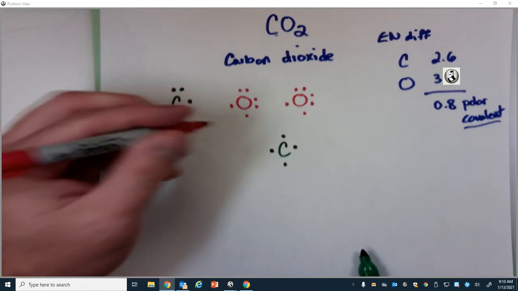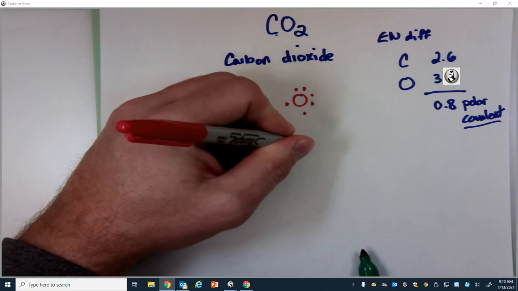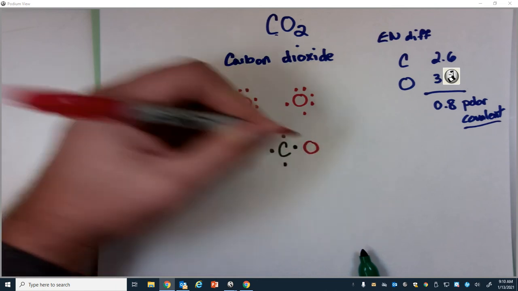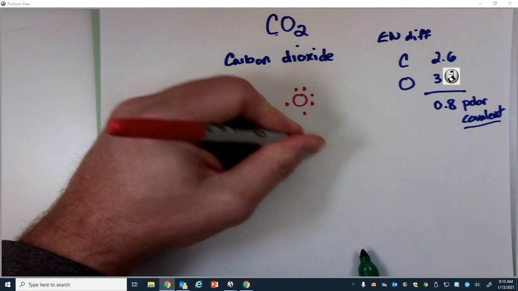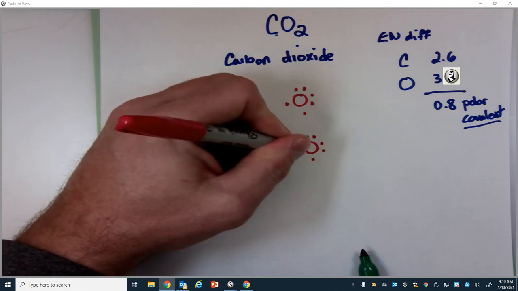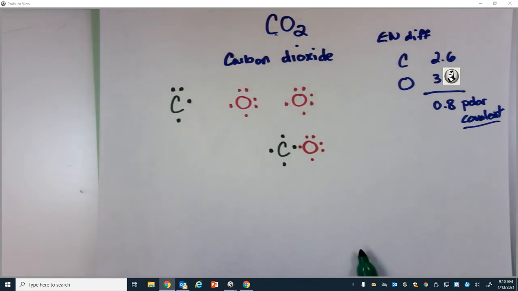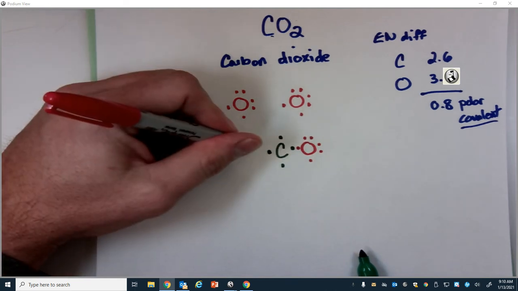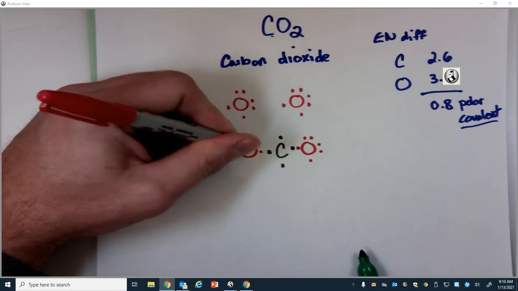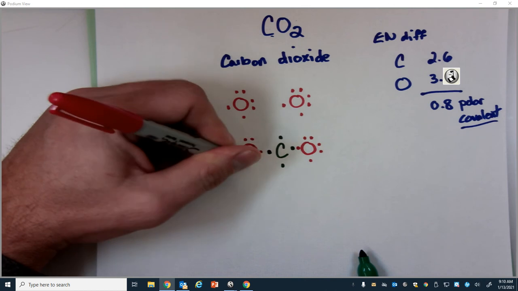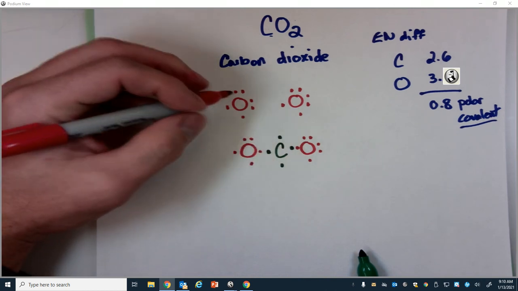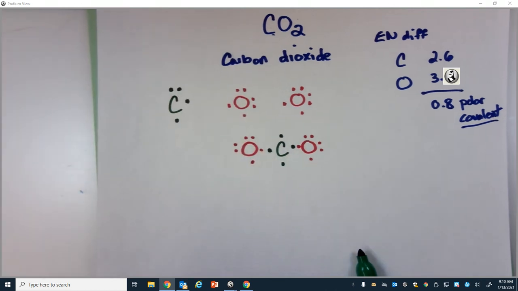It really doesn't matter. I'm going to do it on the left and the right just because of space. So we have our oxygen here with 1, 2, 3, 4, 5, 6 electrons there. Then we have our oxygen over here with 1, 2, 3, 4, 5, and I'm going to put the 6th one here.